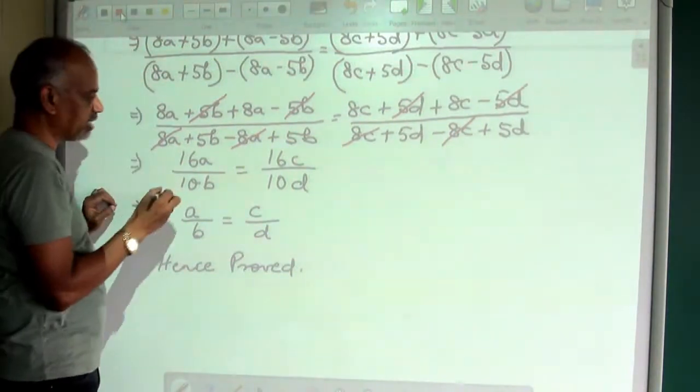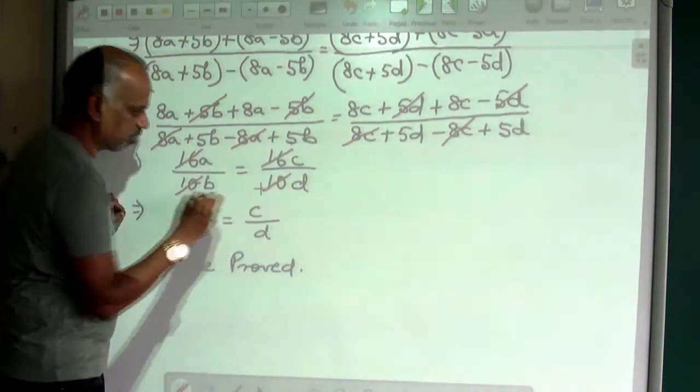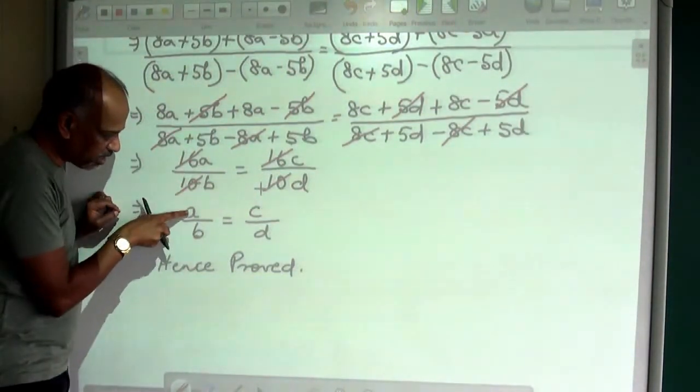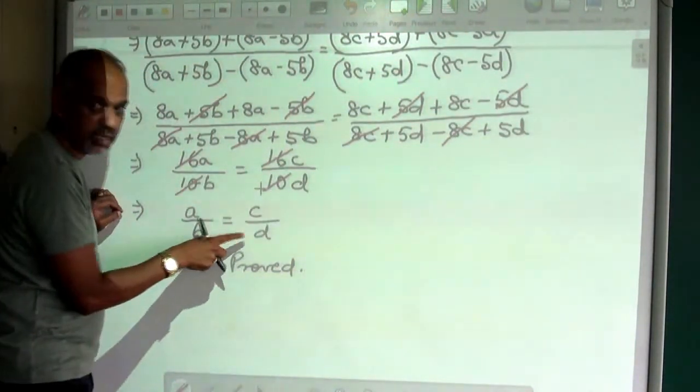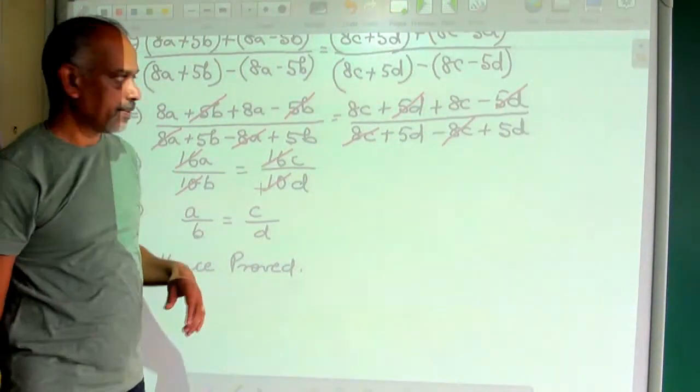Again, see what you can cancel. You can cancel 16 and 16, 10 and 10. So you are left with a by b is equal to c by d, which is what you need to prove. Hence proved. Okay.